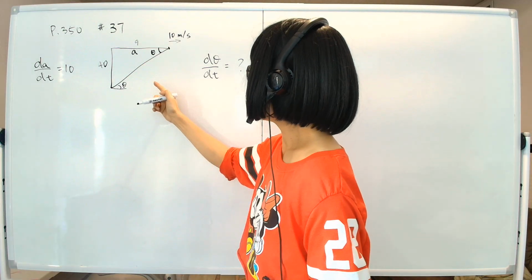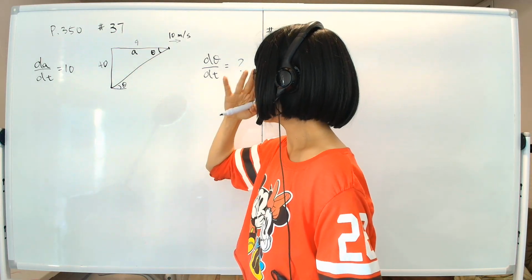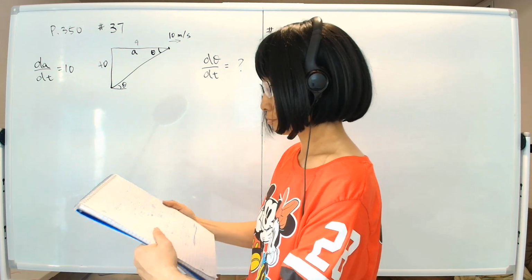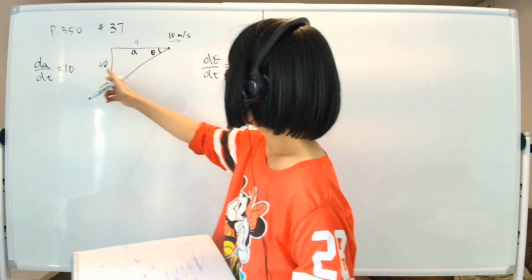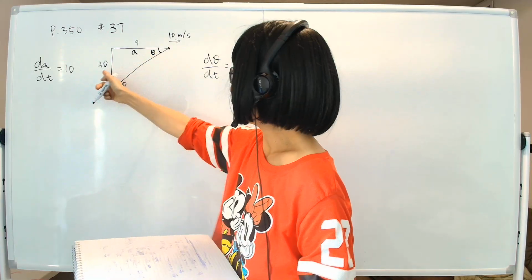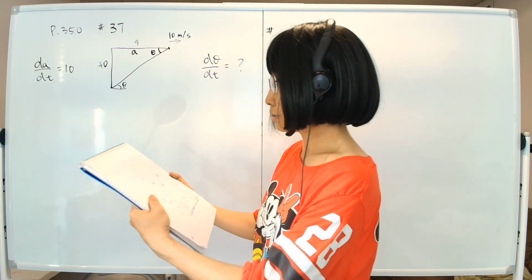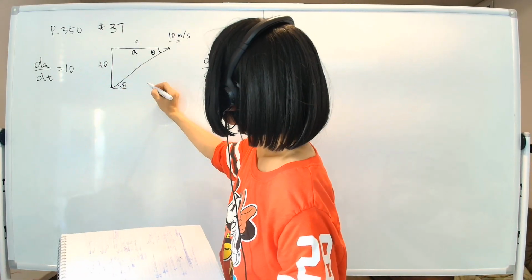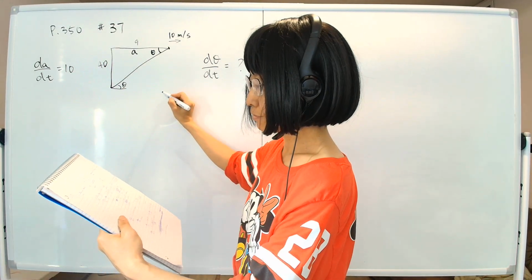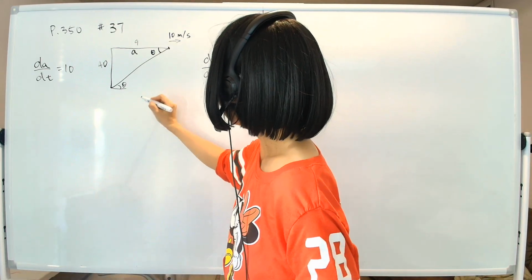Now A and theta is some kind of a cosine. Okay. No. We'll use tangent. I haven't written it down.